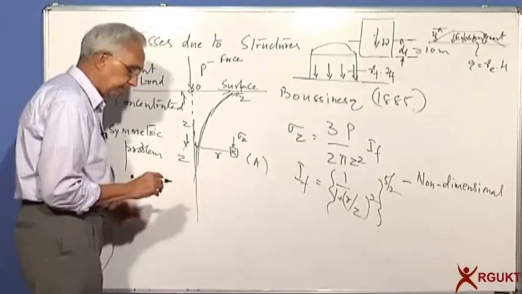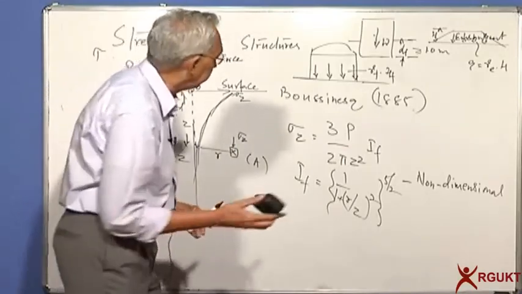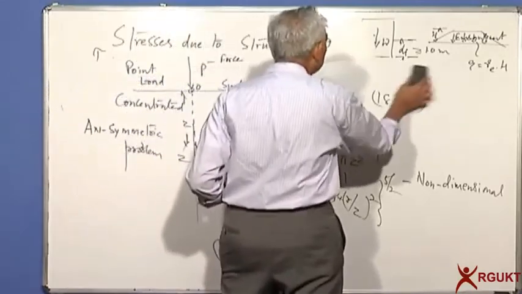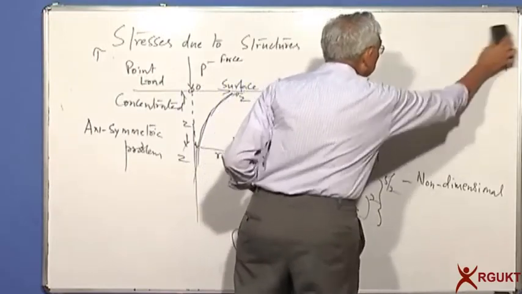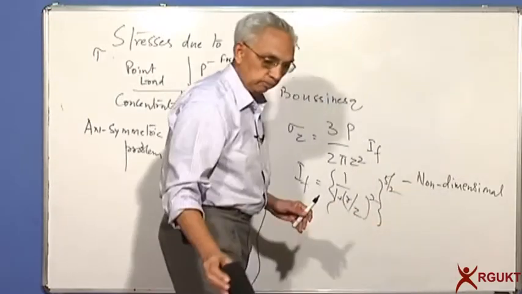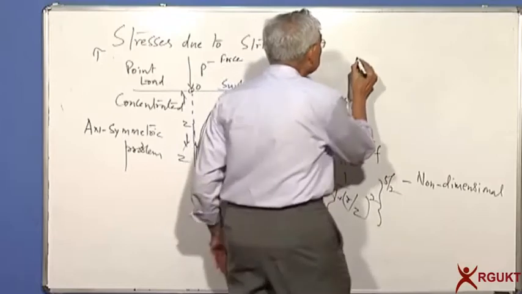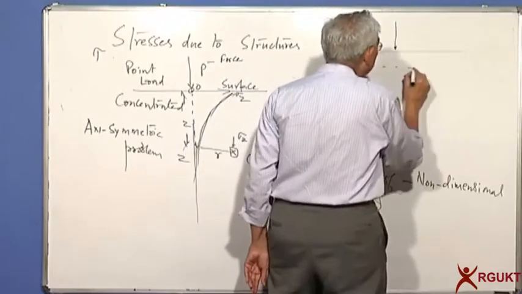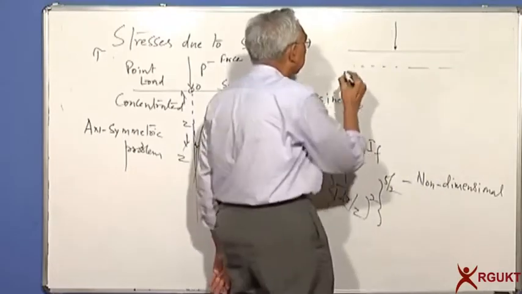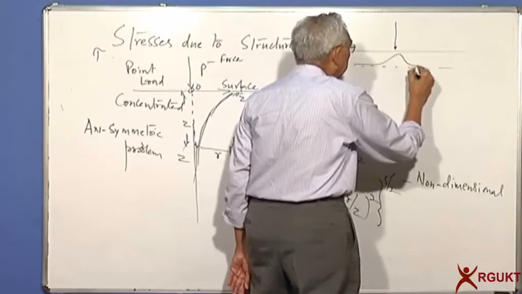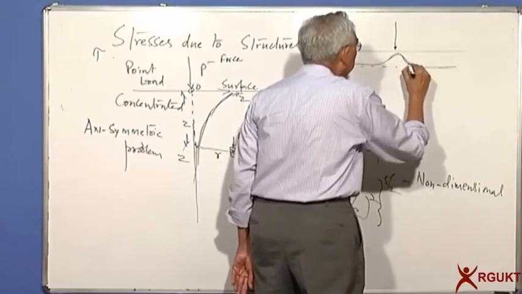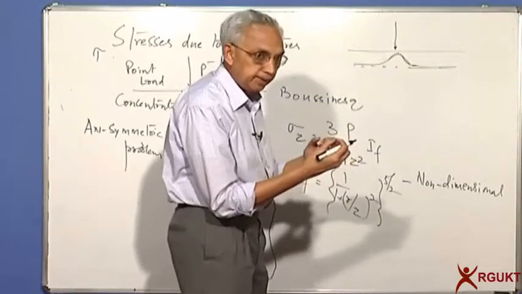The second interesting thing would be how they are distributed in the radial direction. If I take a plane close to the surface, the stresses are concentrated under the load.